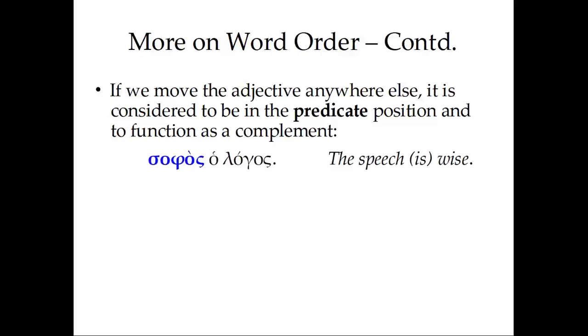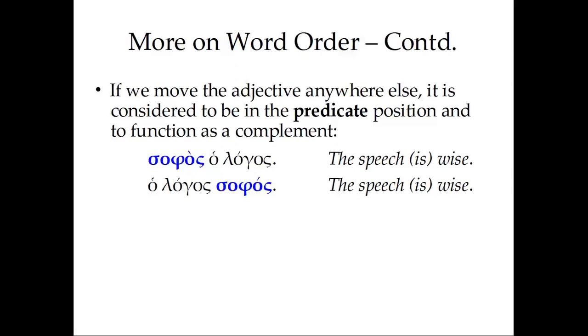So here we've moved the adjective sapos from in between ha and logos to in front of it, before it. And this changes the meaning of what we're saying. It actually makes it mean the speech is wise. Sapos halagos. We also could put that adjective after the noun, as long as it's not in the middle.